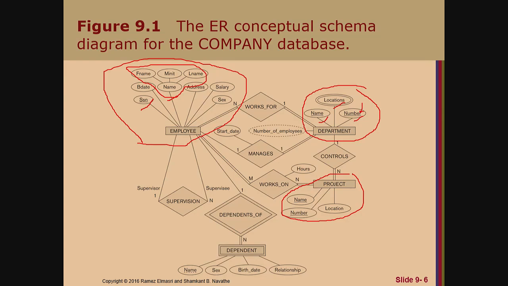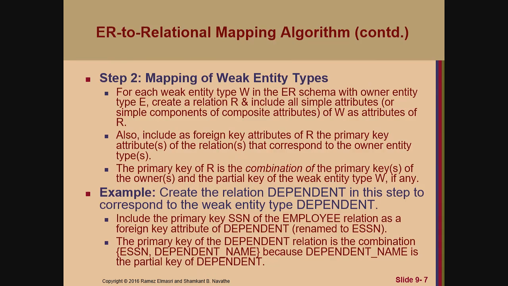Okay. And project, we have 2, right? Name and number. And we select the number as the primary key. Okay, here is the information from the entity. This one is just a general, regular one.